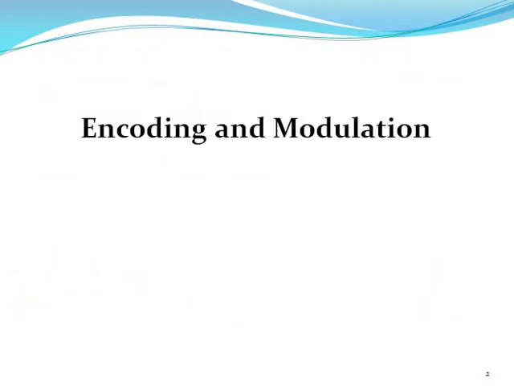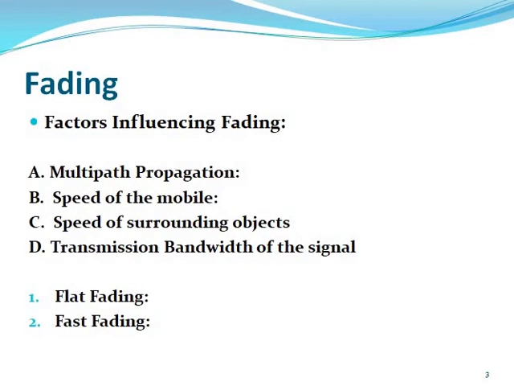Today we will discuss the topic of encoding and modulation. In the previous lecture we discussed what fading is, the factors that affect it, and the types of fading. It means multiple path propagation, the speed of the mobile and the speed of surrounding objects, and the transmission bandwidth of the signal, and we also covered flat fading and fast fading.